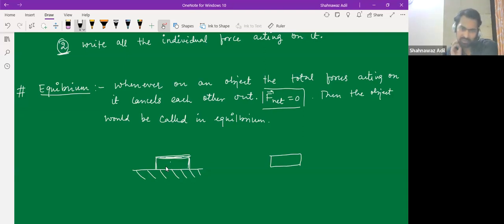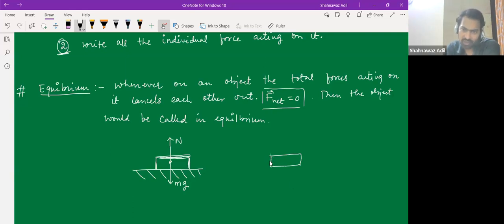One, gravitational. Okay, so one is gravitational, and this is mg. Don't we have any other force acting on that book? Normal reaction also. So we have normal reaction which is acting in this direction.